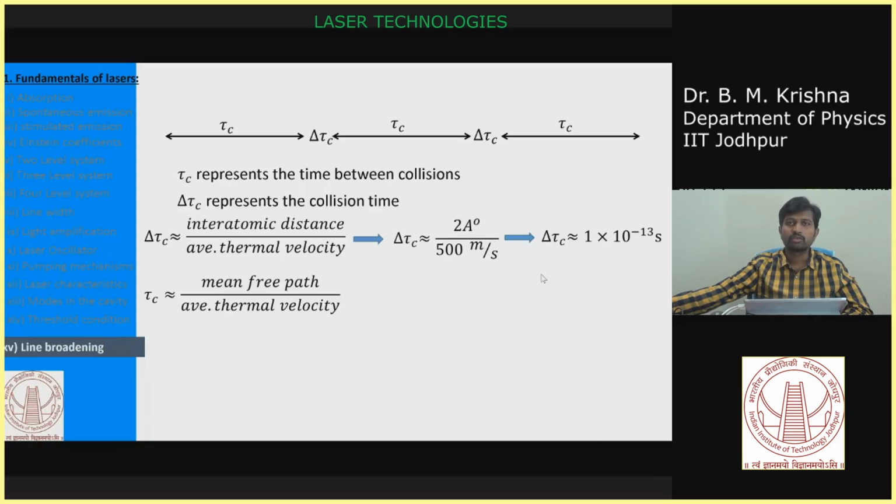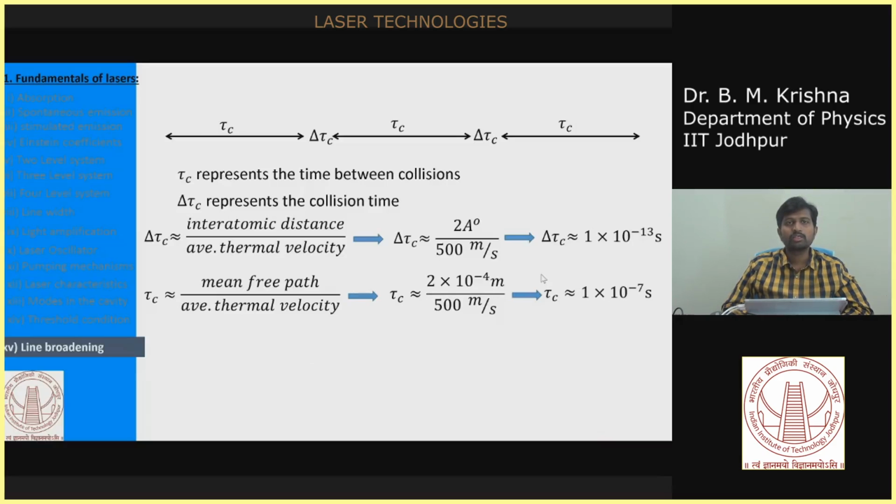In a general example, your mean free path is on the order of 10 power minus 4 meters. It varies, from 10 power minus 4 to 10 power minus 6. Then with the same average thermal velocity, you get a time between collisions of around 10 power minus 5 to 10 power minus 6 seconds, in the microsecond range.